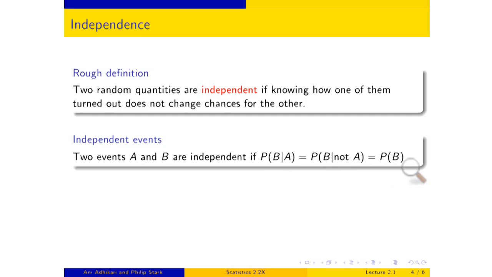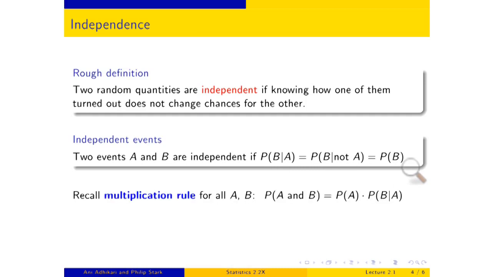And this can be written simply by recalling the multiplication rule, which is that the chance of A and B is the chance of A times the chance of B given A. If A and B are independent, then the chance of B given A is just the overall chance of B. It doesn't matter whether A happened or not.